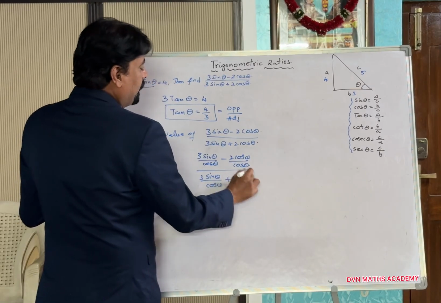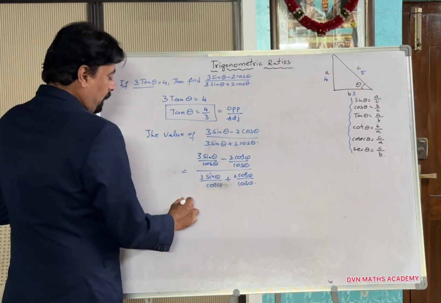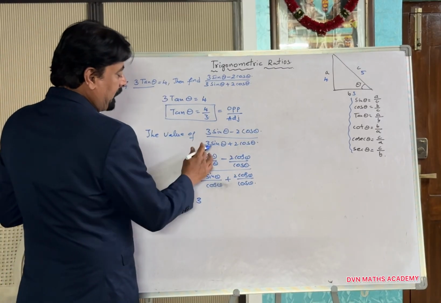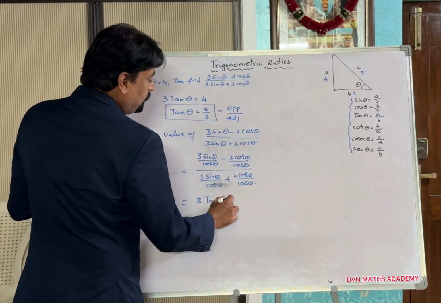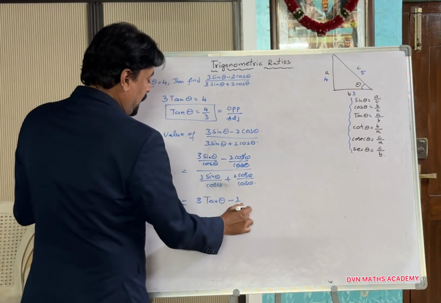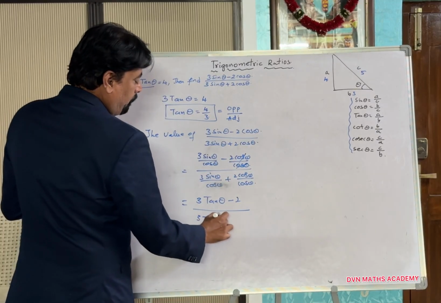So the question will be like this: 3 into sin theta by cos theta, which is tan theta, minus, cos theta is cancelled, 2. Again 3 tan theta plus 2.